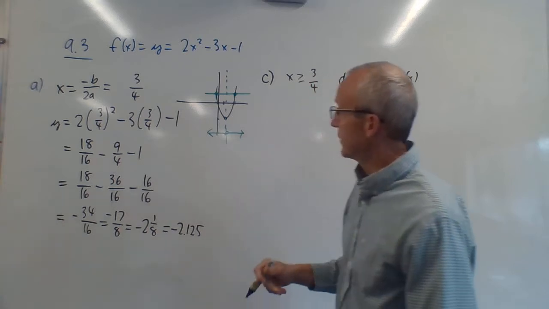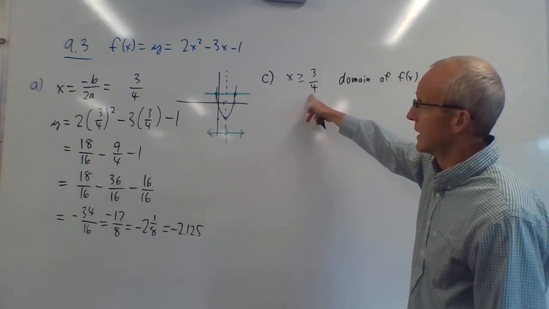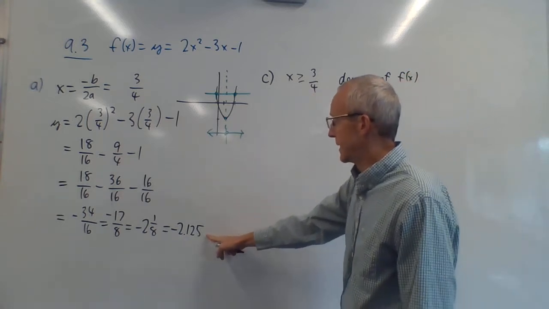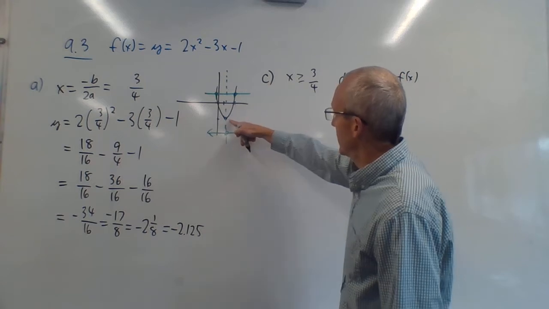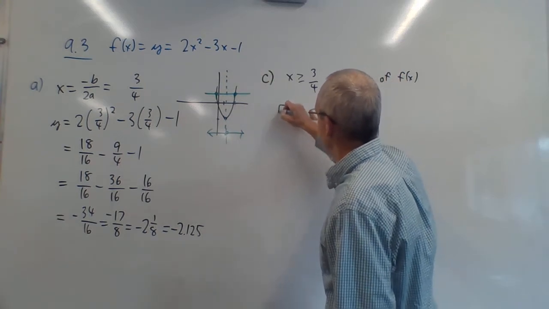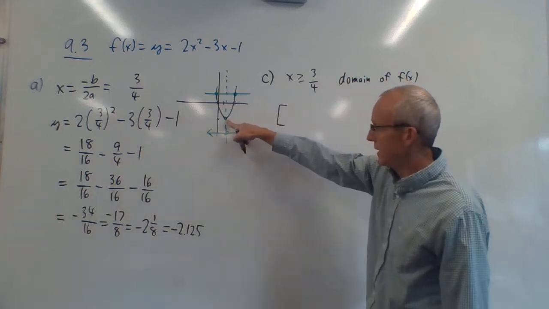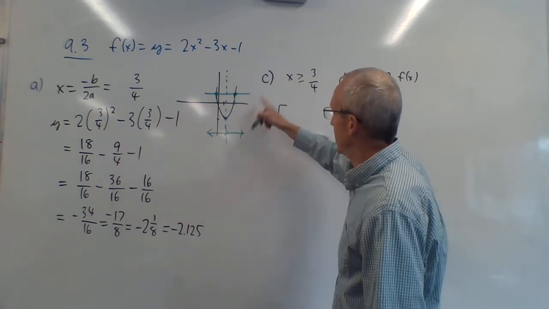So the range of our function f of x: if we plug in 3/4, we know we get negative 2.125, and as x gets bigger, the y value goes to infinity. So right away we can write the range. The range is the y value of our function.